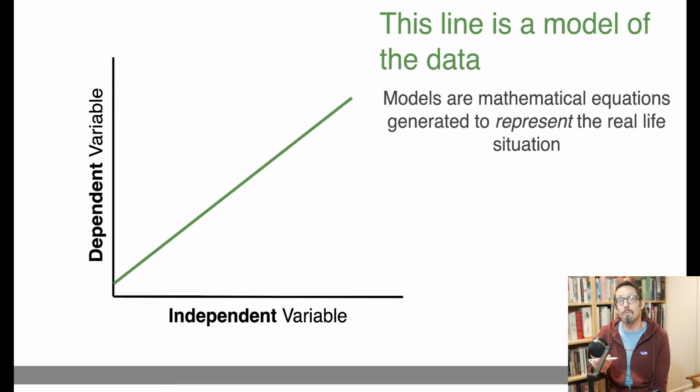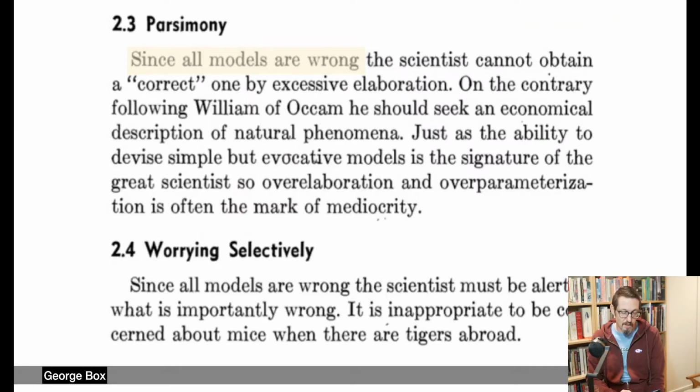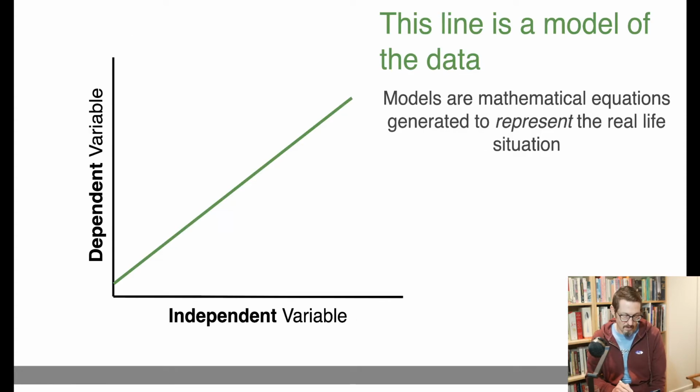And this line represents whatever made that data. So if we got new data, then we would expect it to look similar to the old data, okay? And we would expect this line, this model, to be just as good a description of this new data we've never seen.